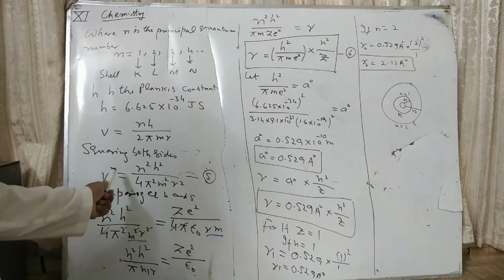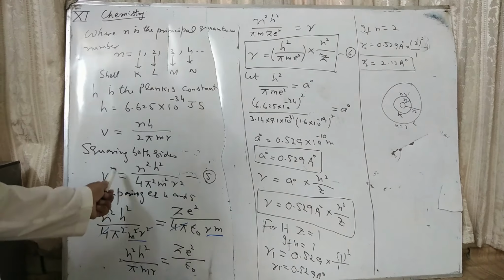What we have done is compare equations 4 and 5: n square h square over 4 pi square m square r square is equal to z square e square over 4 pi epsilon r into m. Here r and m cancel out, and 4 pi cancels out, so we get n square h square over pi m r is equal to z square e square over epsilon naught.